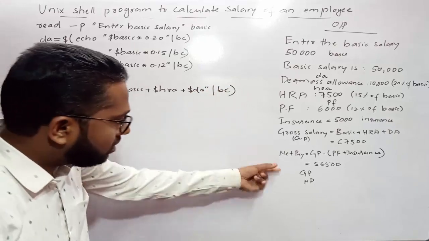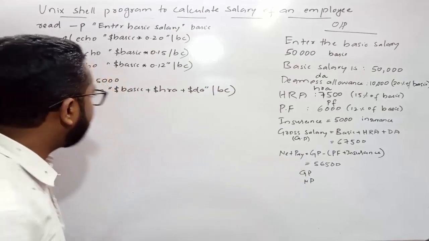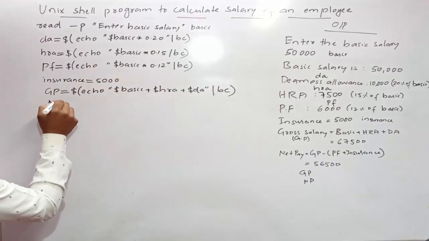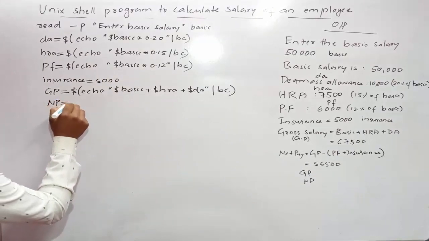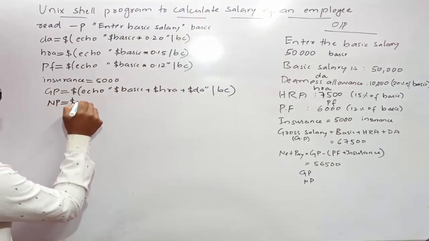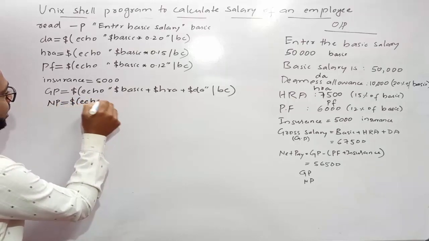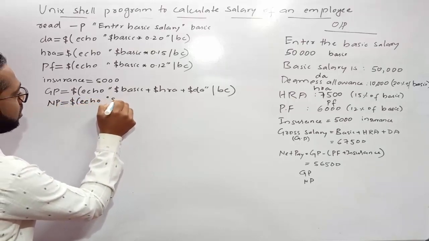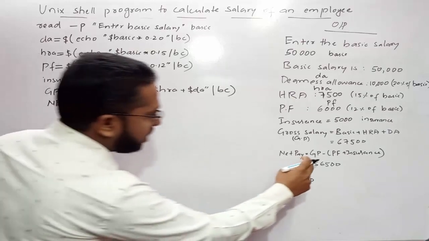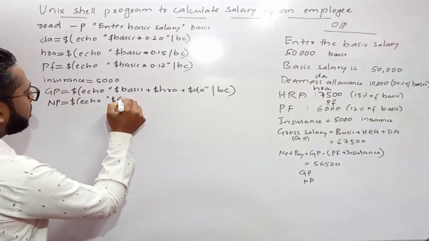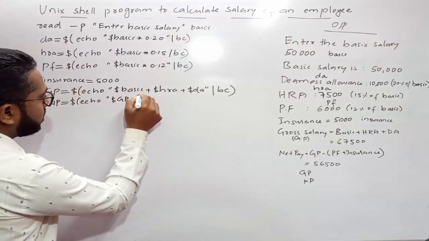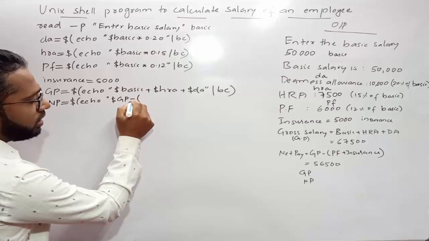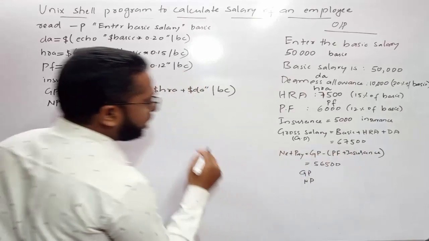Next, finally, we need to calculate net pay. To calculate net pay, we'll use the NP variable, dollar echo double quote, and the formula is GP minus PF plus insurance.